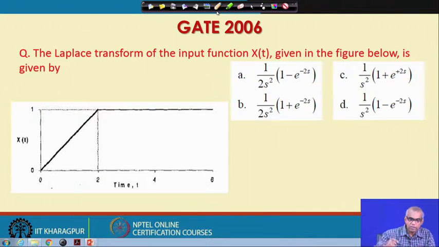So, look at the function x t. The function x t is plotted on the horizontal axis, it is time t, and on the vertical axis it is x t. So, x t is this.